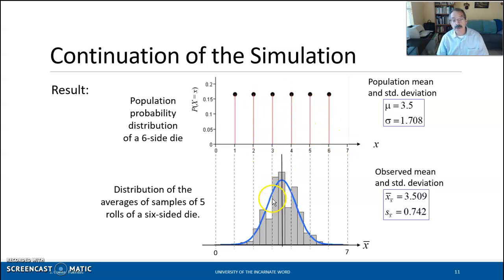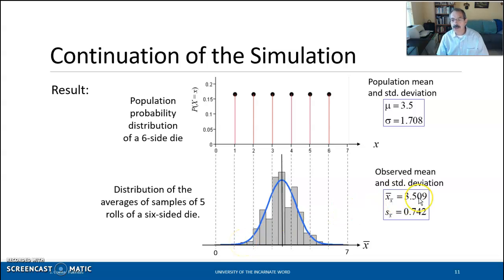But now if you look at the distribution of the averages of these samples of 5 rolls, you see this histogram, and the averages now have values that are not only integer, but all over the continuum between 1 and 6.